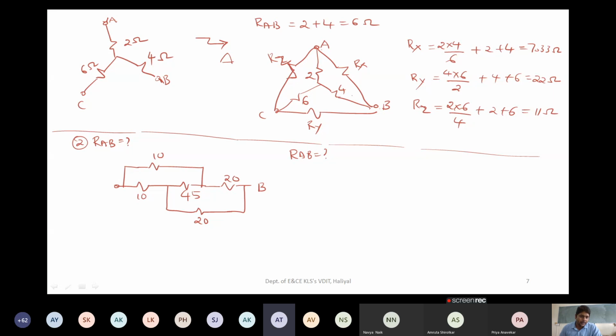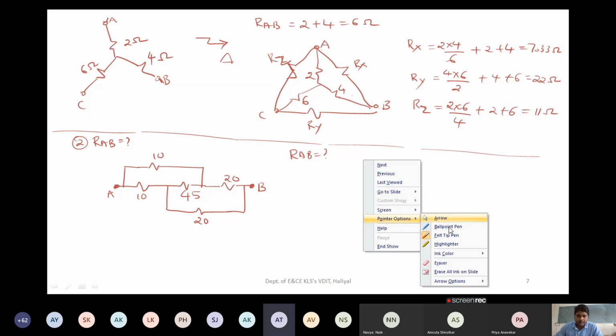So here we have two options, and before you proceed, make sure that A and B points should not be disturbed. Whatever we have to calculate is internal. For that purpose, you should look into the circuit, whether you have any option of converting delta to star or star to delta.